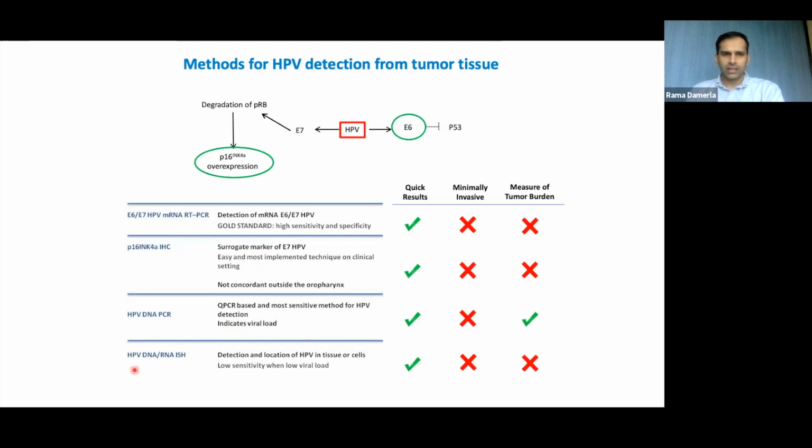And then HPV DNA or RNA in situ hybridization. So most of these have quick results, but unfortunately, most of these are not minimally invasive. What I mean by that is that you always require a tissue biopsy for taking these samples. And sometimes you also cannot get a measure of tumor burden from these samples.